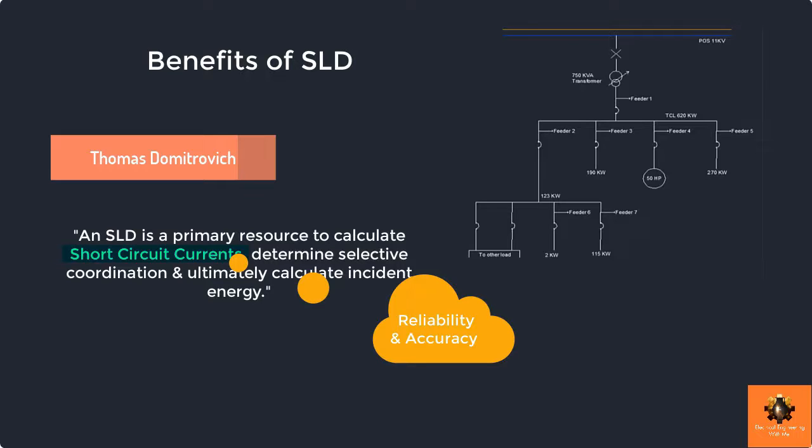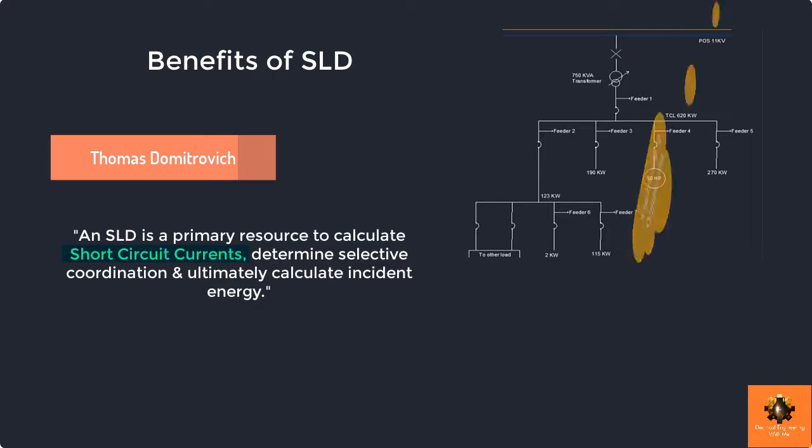Abnormal condition may be your short circuit current or overload condition. And the short circuit currents can be calculated with the help of the single line diagram. Clear? Hope this point is clear for you. So in short, I can say that single line diagram ensures the reliability and accuracy of any electrical system. Clear?